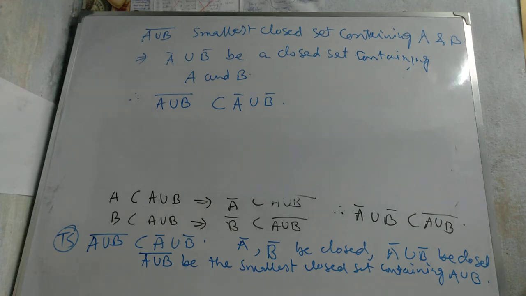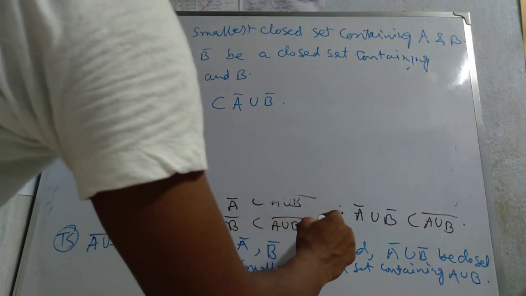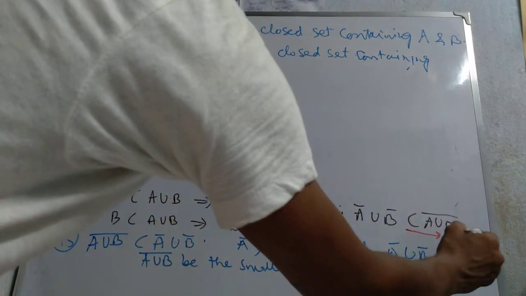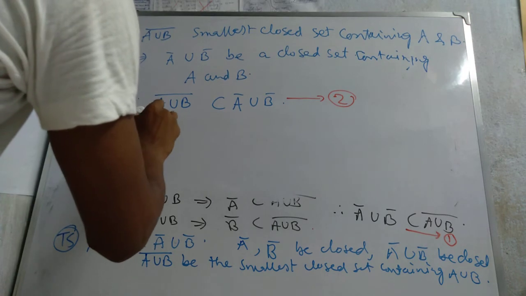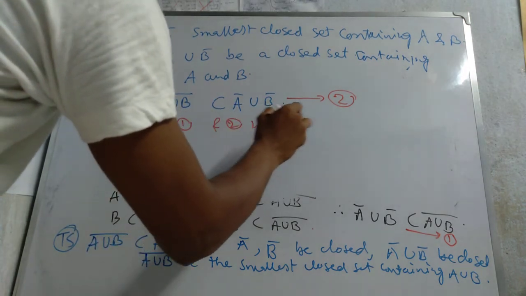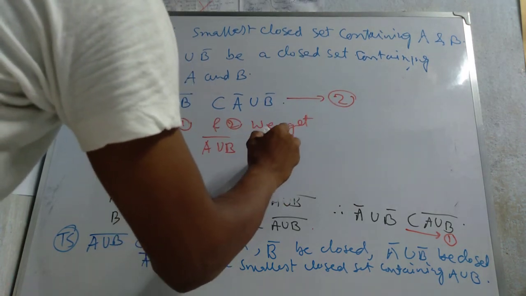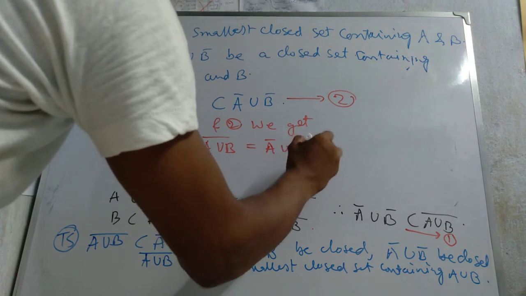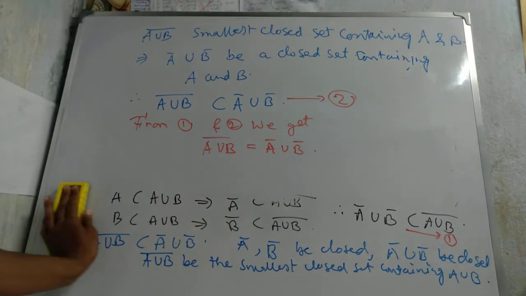So from these two results, this one we mark as 1 and this one as 2. From 1 and 2 we get the closure of A union B equal to the closure of A union the closure of B. Next we proceed further.